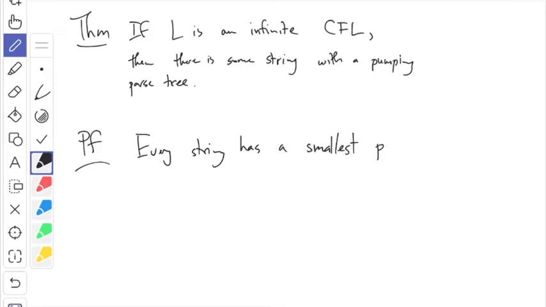It is actually possible to have a string with more than one different way to write a parse tree for it, but if there is more than one way, one of them must be the smallest. There may not be a largest, but there must be a smallest parse tree for any given string. If you've checked out the homework, you see there's some question about several different parse trees for the same string. But anyway, there always has to be a smallest parse tree for every string.